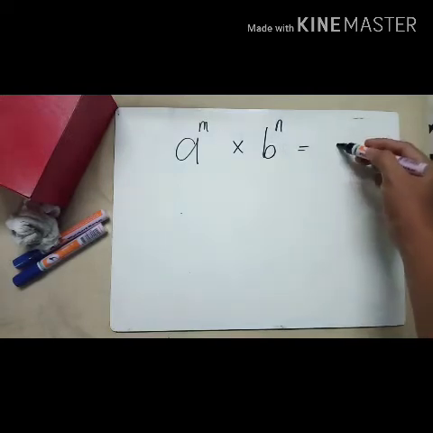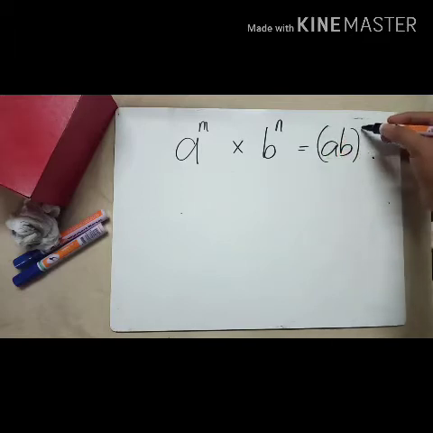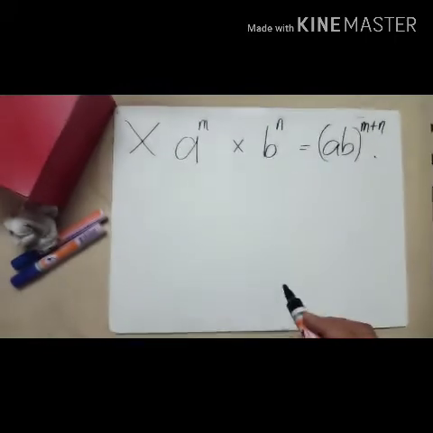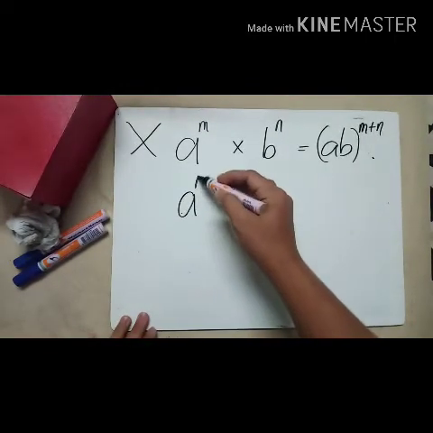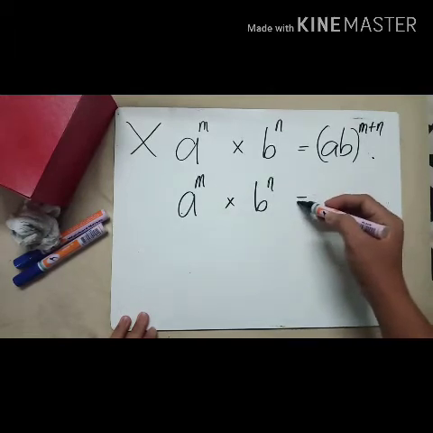You cannot say ab is equal to ab raised to the power of m plus n. No, that is wrong. Rather, you're going to write a raised to the power of m times b raised to the power of n.